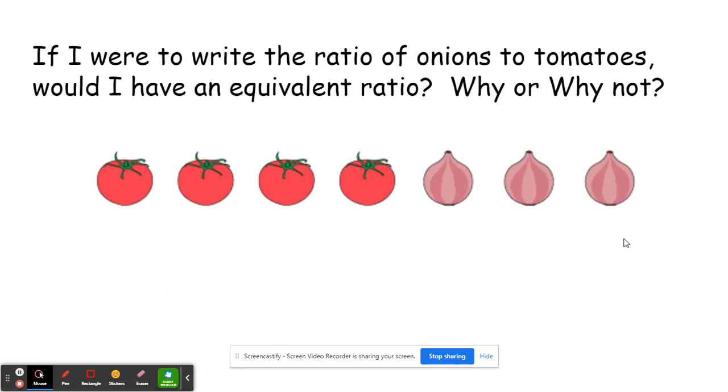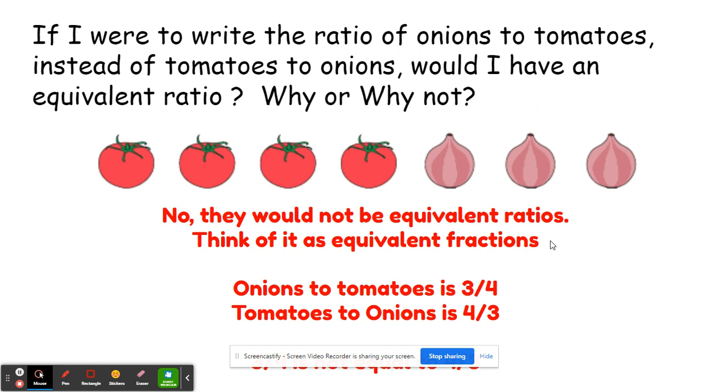So now here's the question. If I were to write the ratio of onions to tomatoes, would I have an equivalent ratio? Why or why not? So this is going back to the question that you had before. You had tomatoes to onions, but if I were to do onions to tomatoes, would it be an equivalent ratio? If I were to write the ratio of onions to tomatoes instead of tomatoes to onions, I would not have an equivalent ratio.